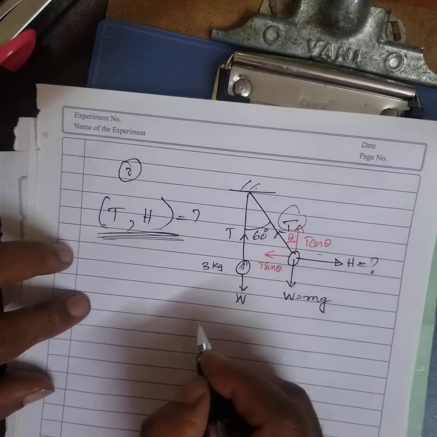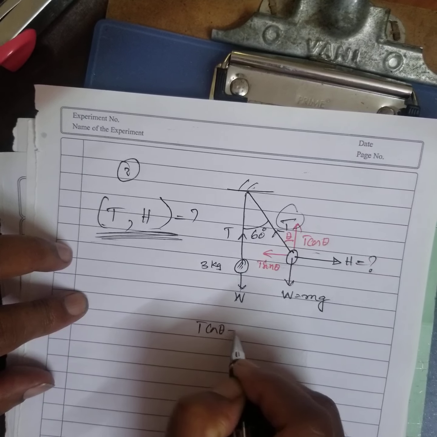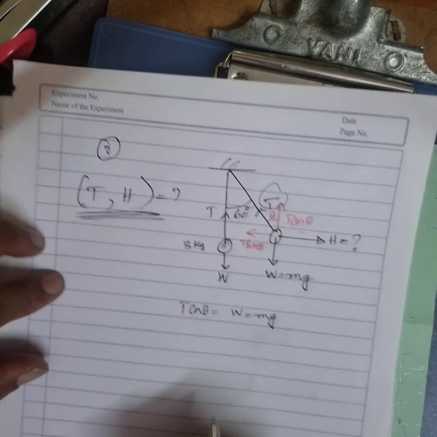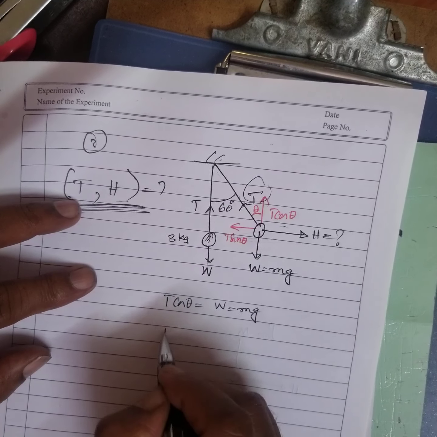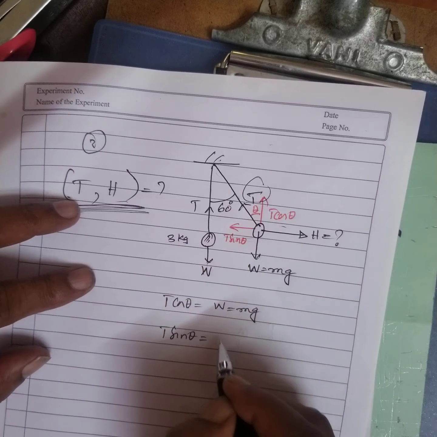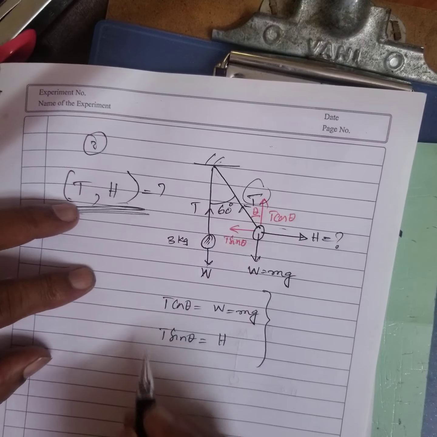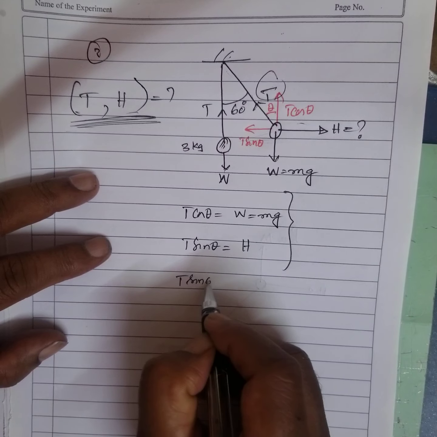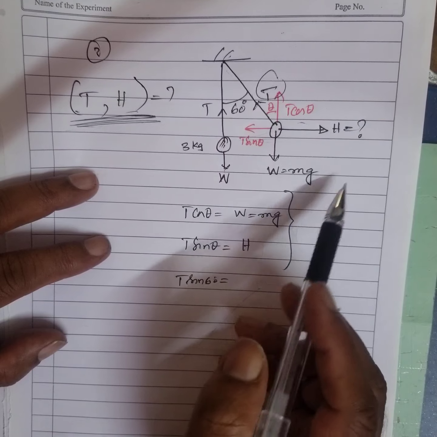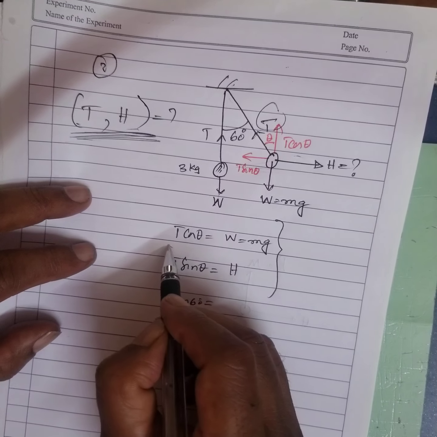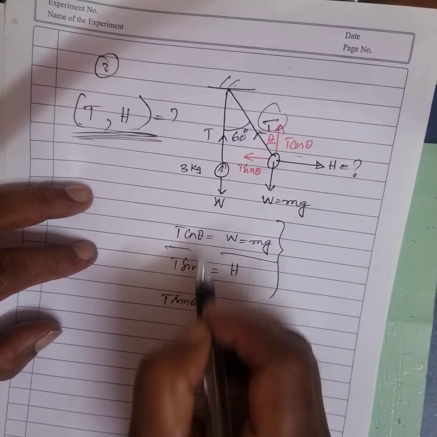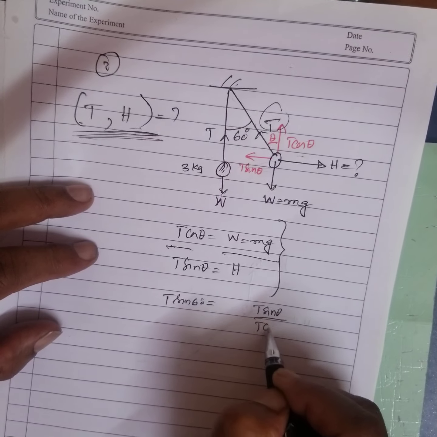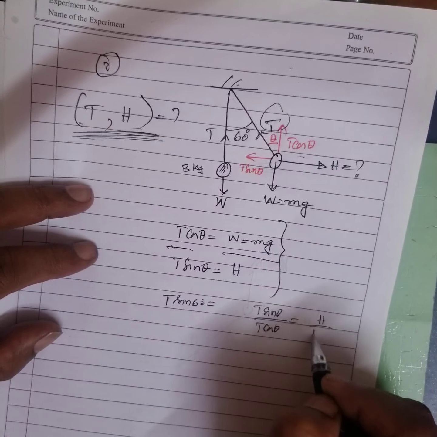Therefore, T cos theta is equal to the weight of the body, that is mg, and T sin theta is equal to the horizontal force. If you divide one by the other, T sin theta by T cos theta is equal to h by mg.